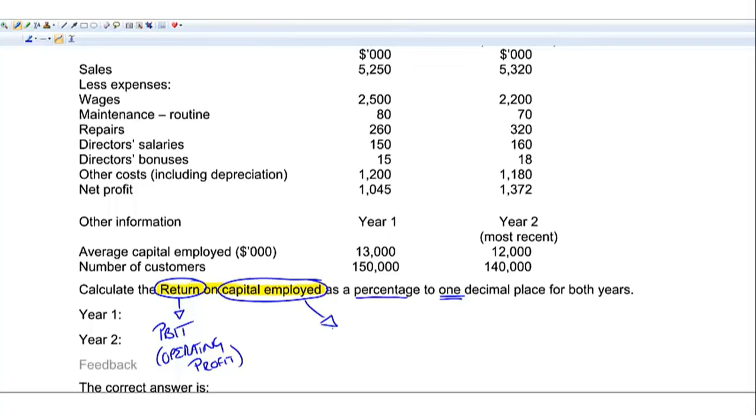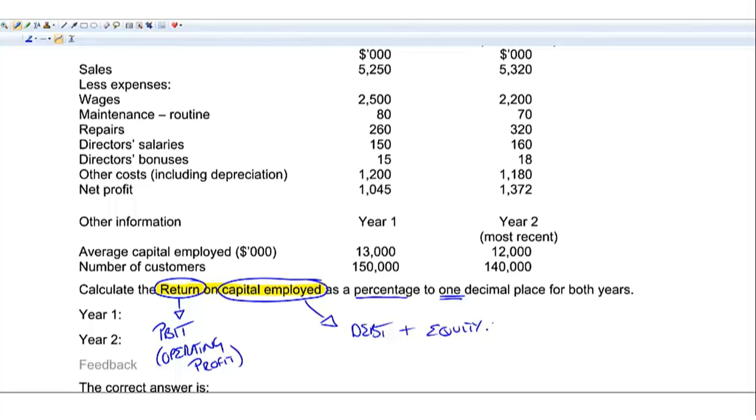The word capital implies the money employed, invested. So in other words, the money invested in the business, and you will either be given that number in the question or you will have to calculate it by adding together the company's long-term debt plus their equity. So capital employed is the money invested in the business, so the long-term debt plus the equity.